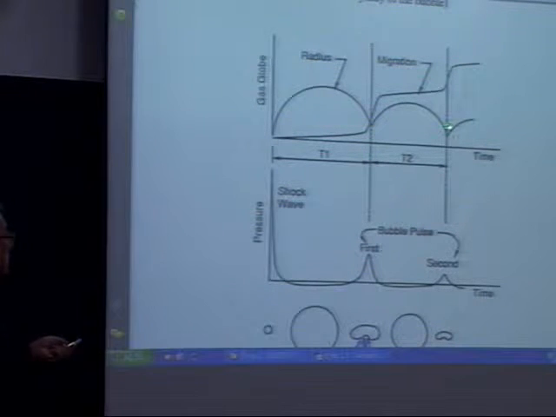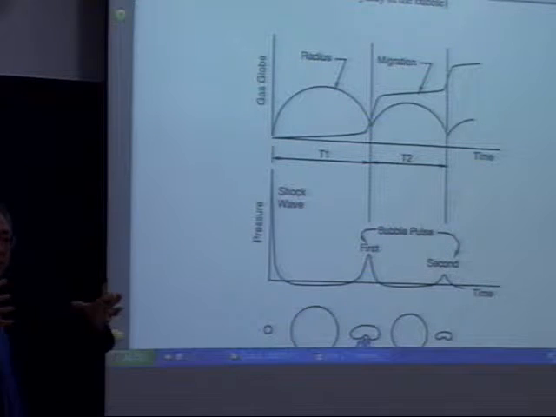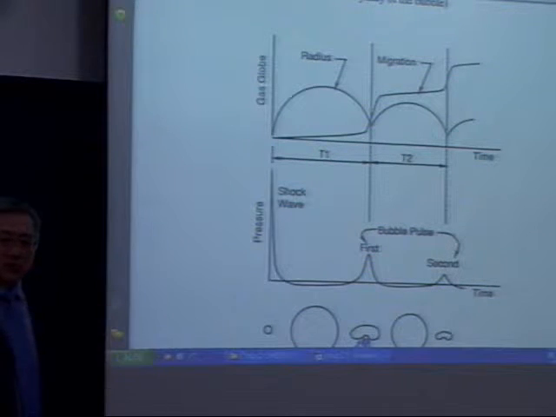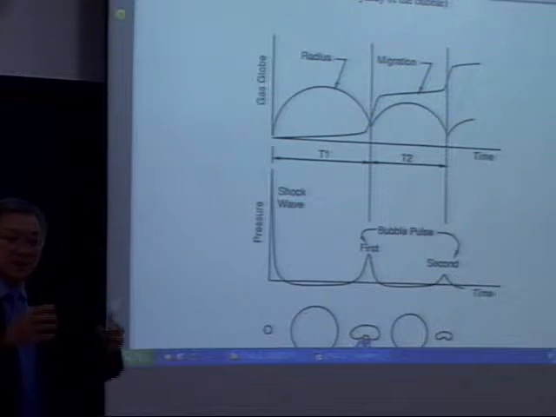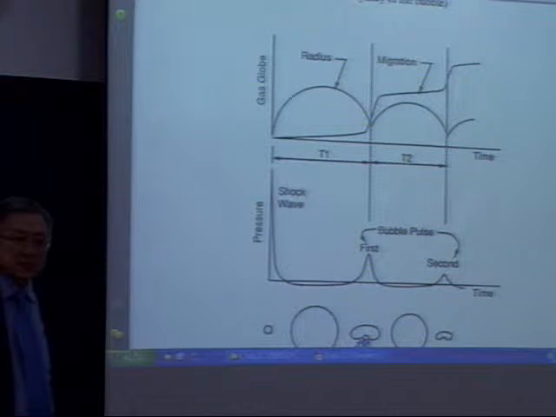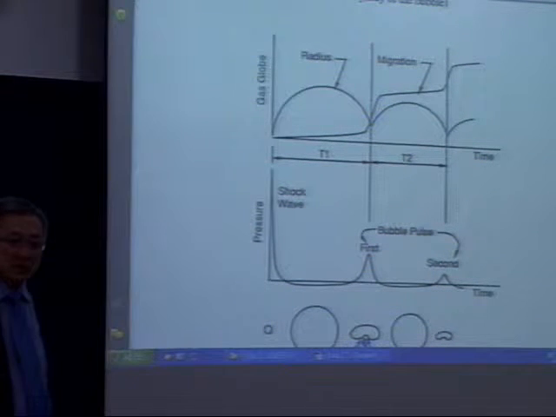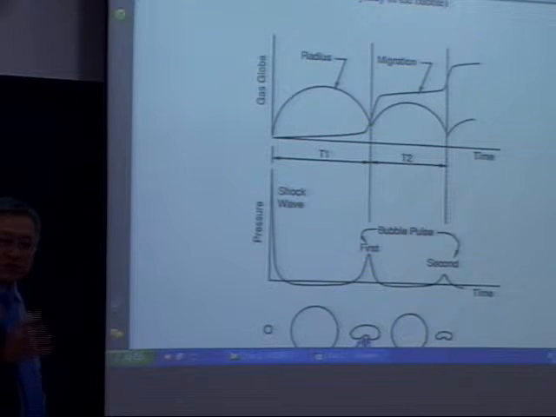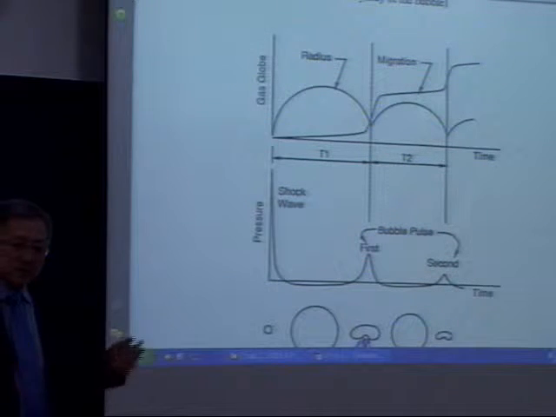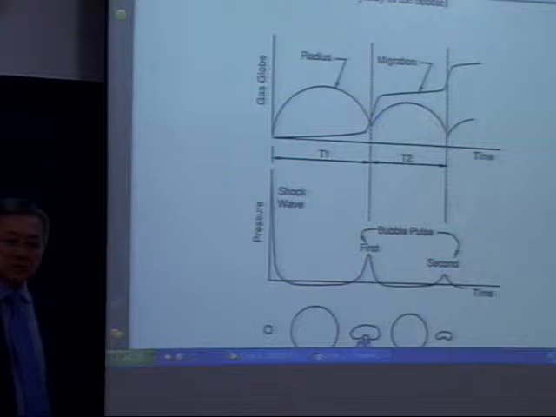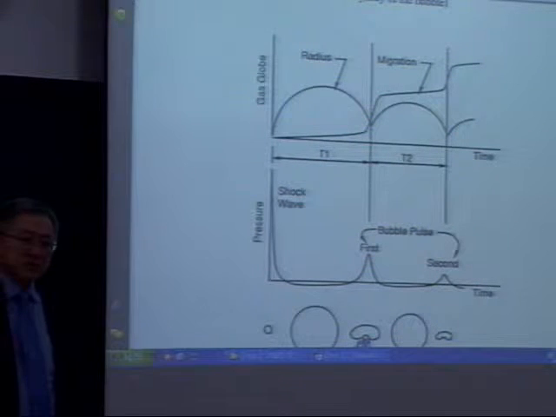Then a second bubble and things like that. Eventually, as the bubble gets to the free surface, it will vent out. In our lab, all the students research all of the gas bubble motion until it vents out in the air.